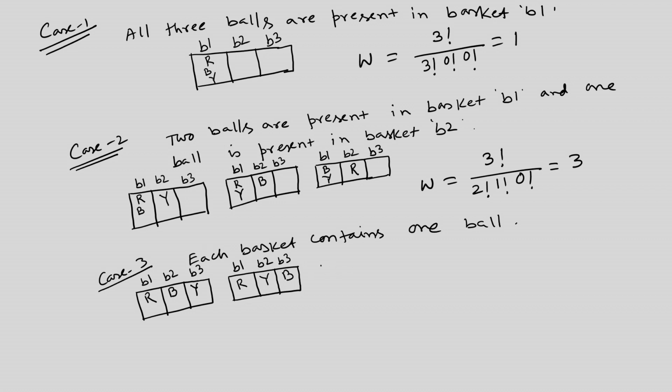Similarly, we can put ball B in basket B1 and ball R in basket B2 and ball Y in basket B3. Now, we keep B unchanged and we interchange R and Y. We get another configuration, right.